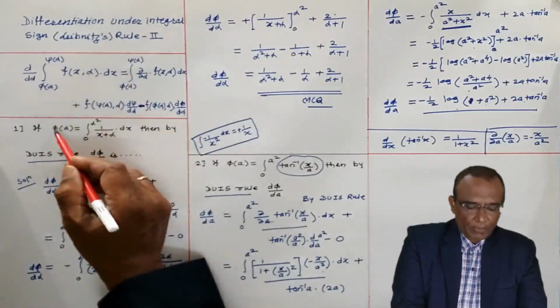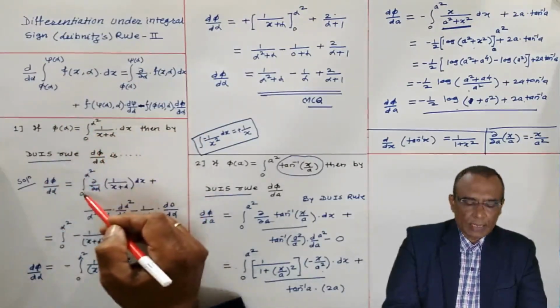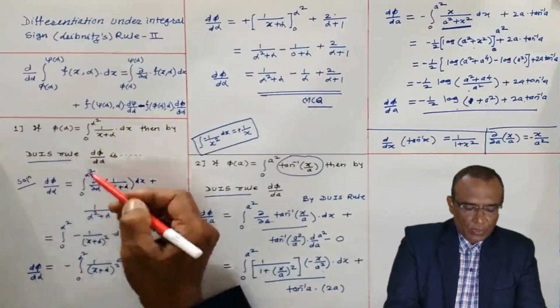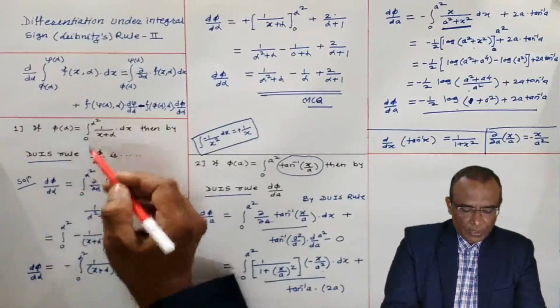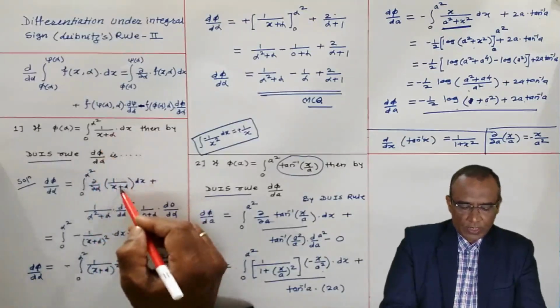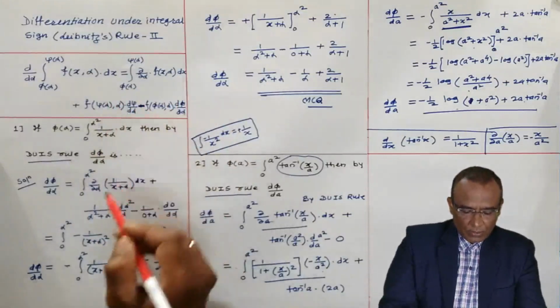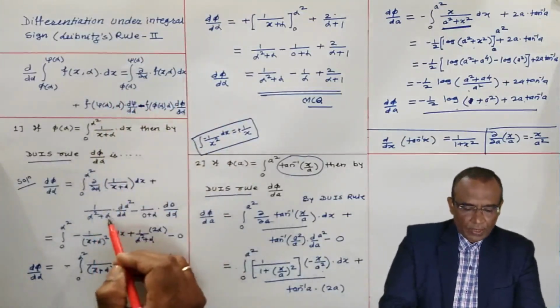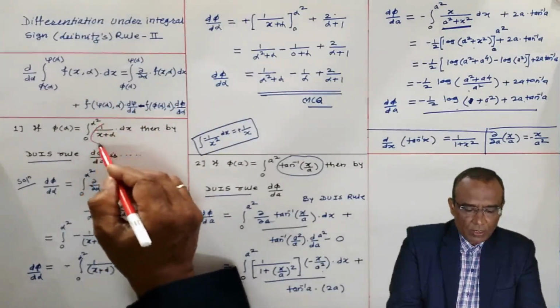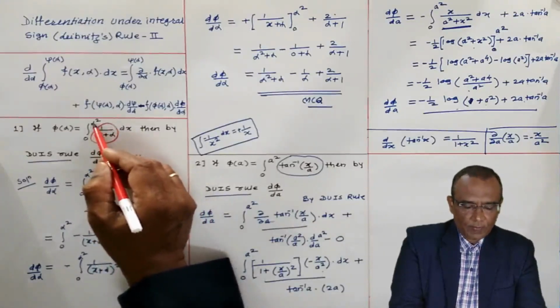Now take the derivative of the left hand side and the derivative of the right hand side. Directly I am applying Leibniz rule. With this, the derivative will come inside the integration. This function is as it is. See, this is the first term. Now the second term. When you write the second term, in this function replace x by the upper limit alpha square.